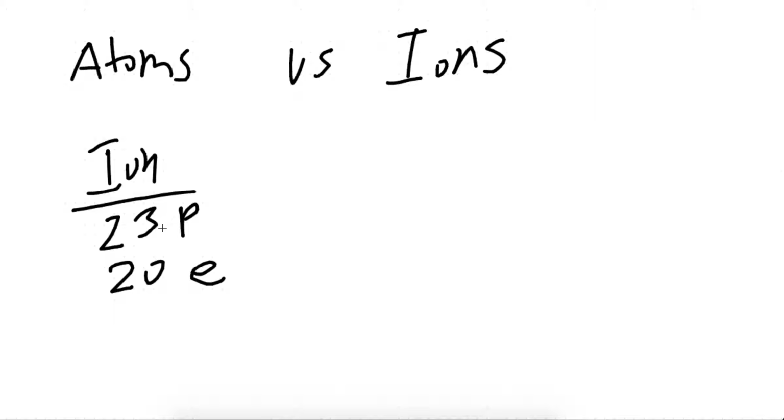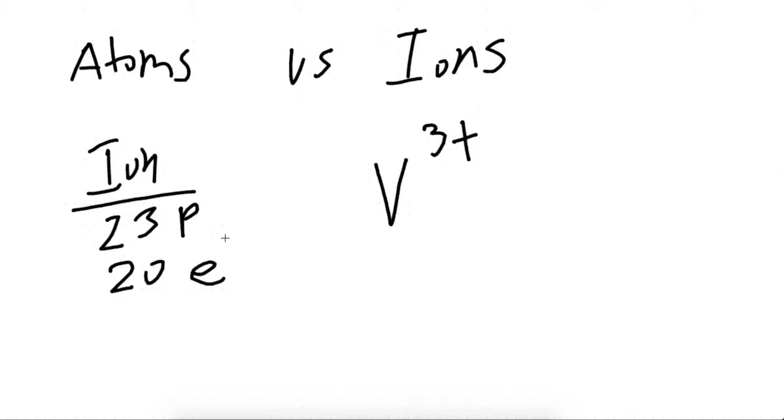So in this case, there are 23 protons and 20 electrons. The number of protons is 3 more than the number of electrons. So the formula for vanadium is V, the symbol for vanadium, and 3 plus. Why 3 plus? Because there are 3 more protons than electrons, meaning that it's more positive.